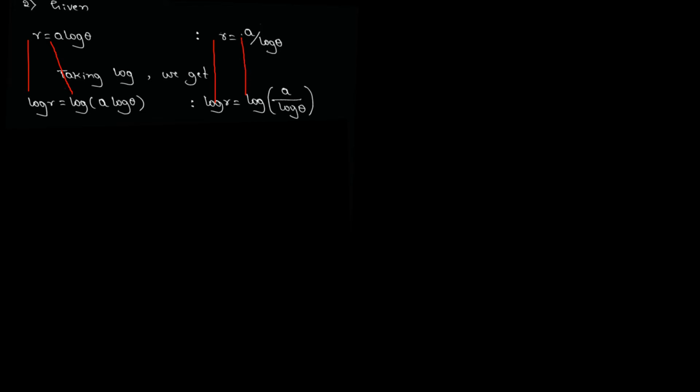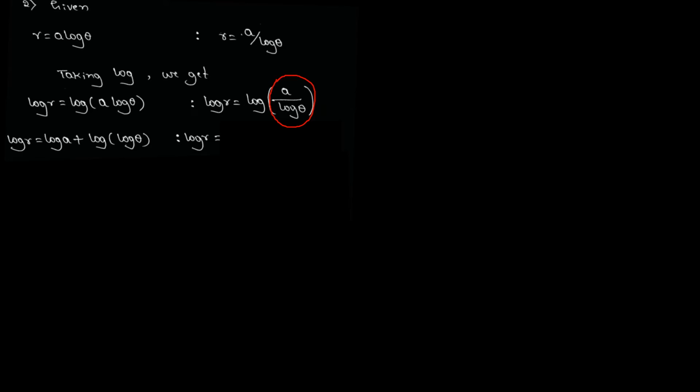Now here, as usual, we will apply the logarithmic identity log ab is equal to log a plus log b, where we get log a plus log of log theta. This log r we write as it is, and this is of the form log of a by b, which is given by log a minus log b.